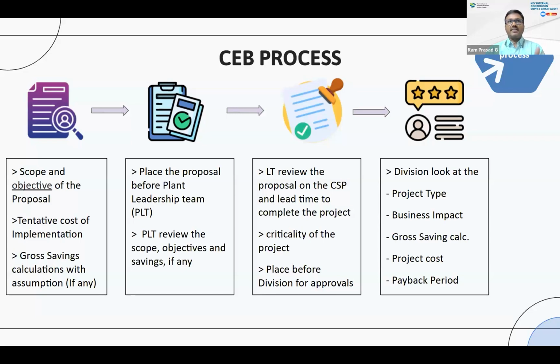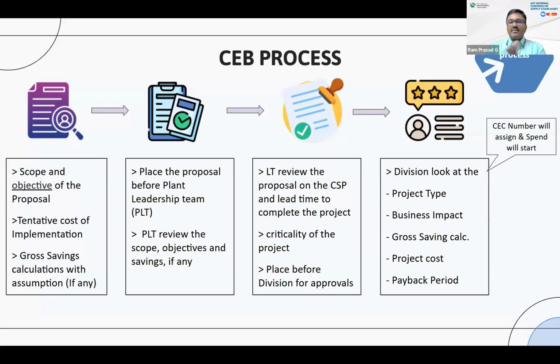Before any project gets approved, these are the steps we get into. Obtaining a tentative quote and putting forth a proper capex in proper heads, with detailed reasoning why that particular spend is required for the organization, is the key for any such CEB process.